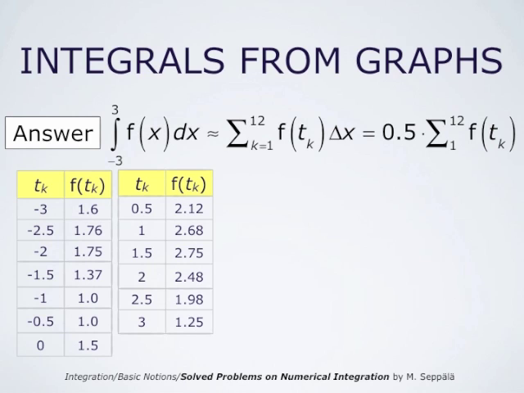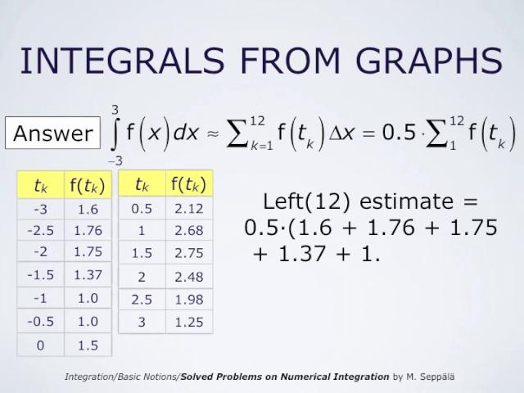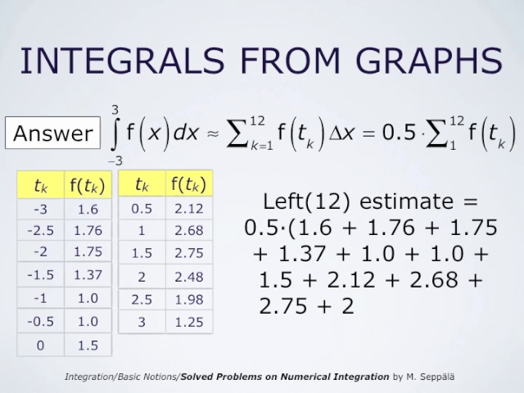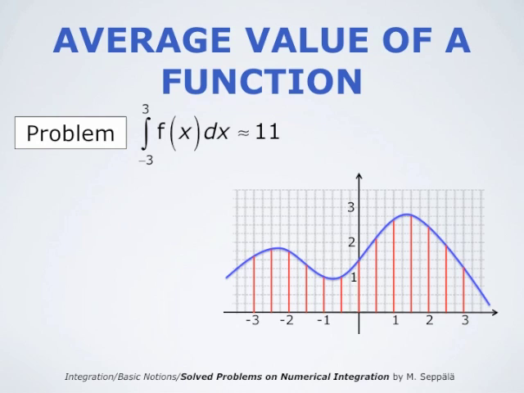And this means that the left 12 estimate is 0.5 times the sum of these quantities up to the second to the last. So the last one, that is when tk equals 3, we do not take in the computation. And this sum is approximately 11. So we conclude that the value of this integral from -3 to 3 of f of x dx is approximately 11.